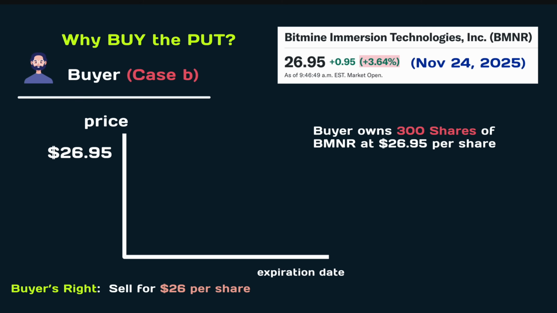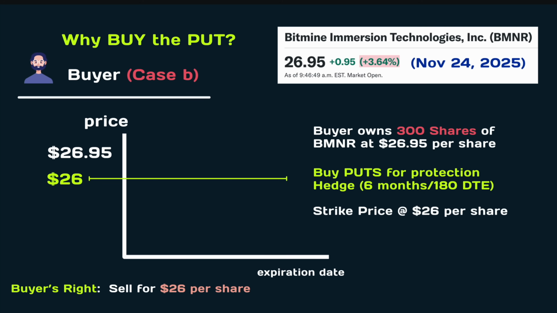So the buyer goes to you and purchases 3 options from you in order to create a price floor of $26 for his shares. So that means no matter what the stock does, it can never go under $26 because the buyer can exercise this right and sell away those shares for $26 per share. So in this scenario, the buyer is hedging the risks out of the position that he's in.